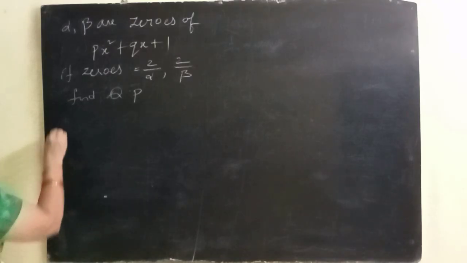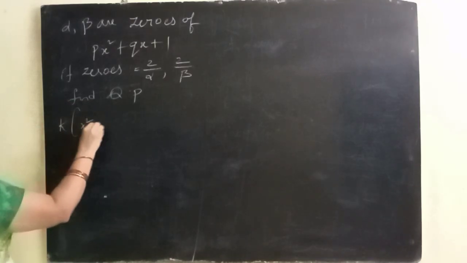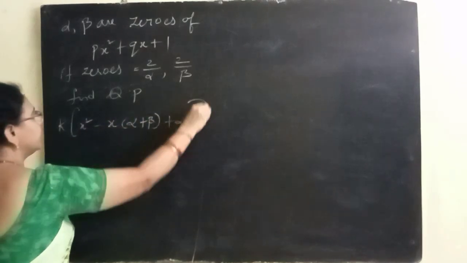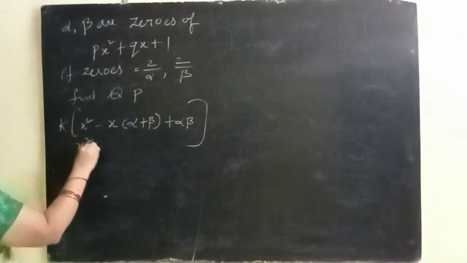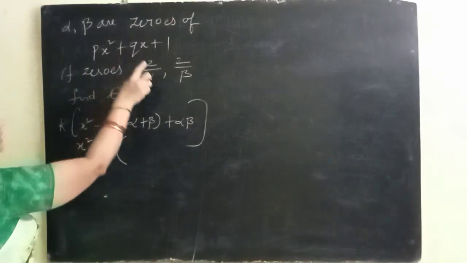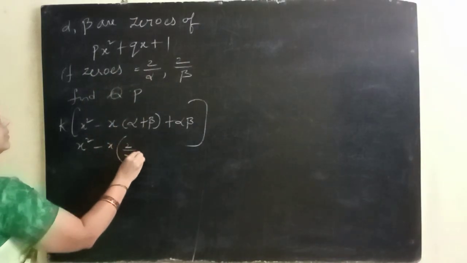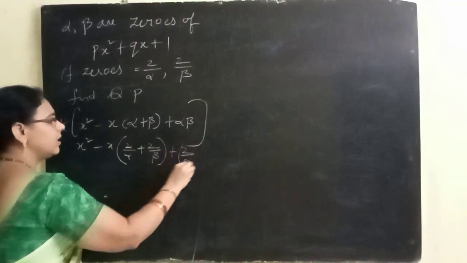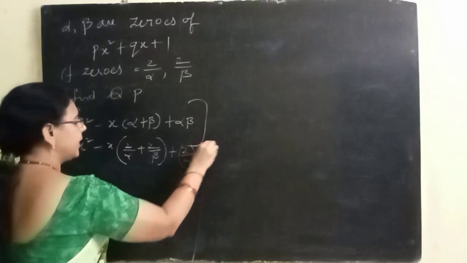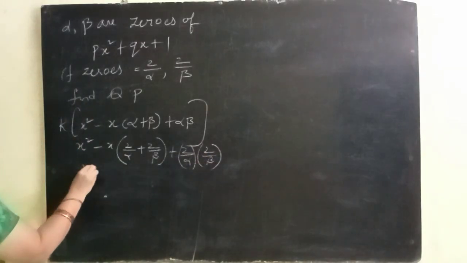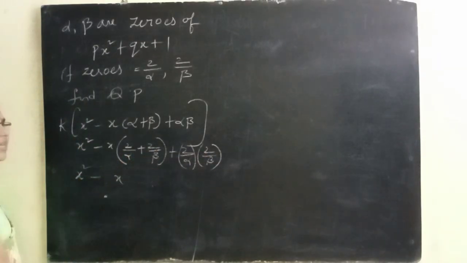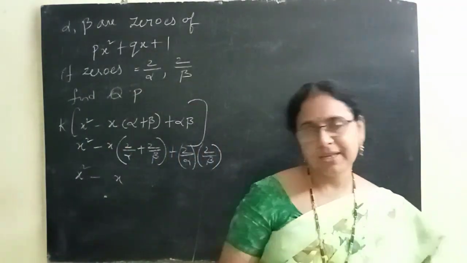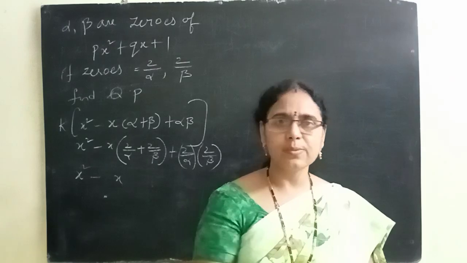Means same formula, x square minus x into alpha plus beta plus alpha beta. X square minus x into, alpha means 2 by alpha, beta means 2 by beta, plus alpha means 2 by alpha, beta means 2 by beta. x square minus x. Can I take 2 as a common factor? Yes, we can. Before you observe 1 2, plus after you observe 1 2.